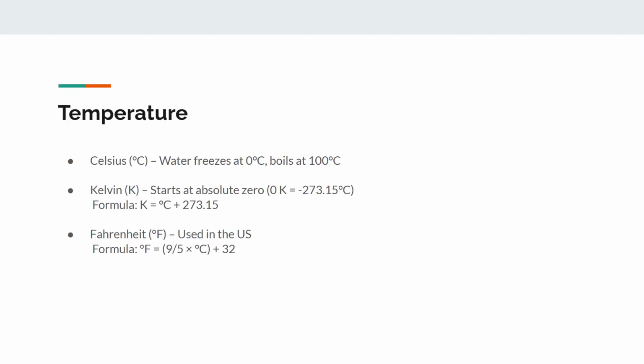For temperature, we have Celsius, Kelvin, and Fahrenheit. Always use Kelvin in this class. All the formulas are going to use Kelvin no matter what. You don't have to worry about Kelvin right now, but Celsius and Fahrenheit formulas are right here.